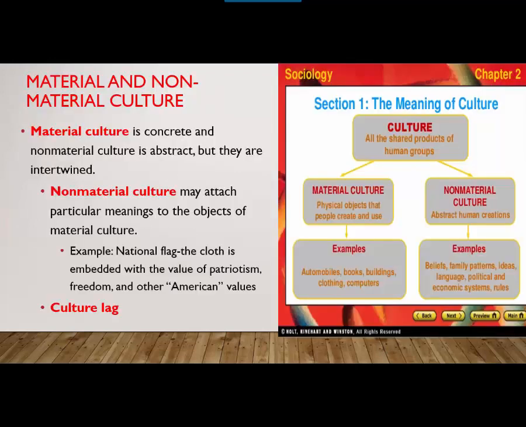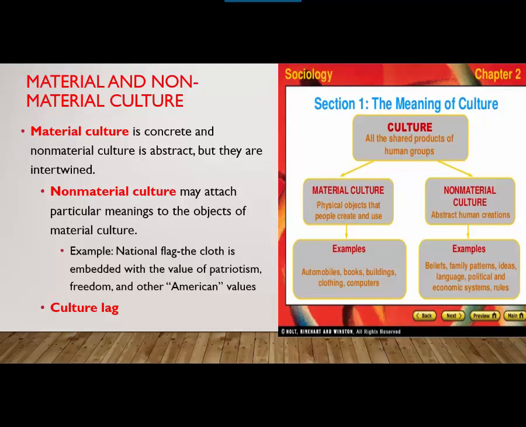Beginning with the basic division of cultural components into material versus non-material culture. So if culture is all the shared products of human groups, material culture is the actual physical, concrete objects that people create and use.